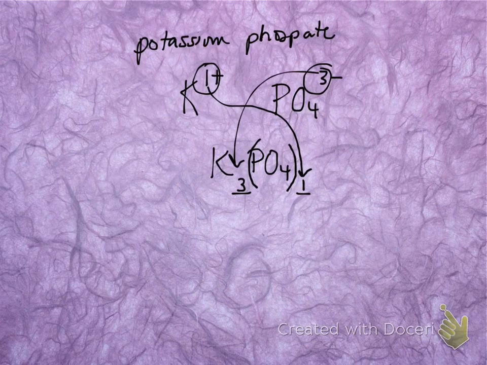But what we're really saying is that there are 3 potassium ions for every 1 phosphate ion. We don't normally write the parentheses if the subscript on the polyatomic is 1, but it can be helpful. I've had students who always write the parentheses even when there is no subscript, and I tell them that is perfectly fine.